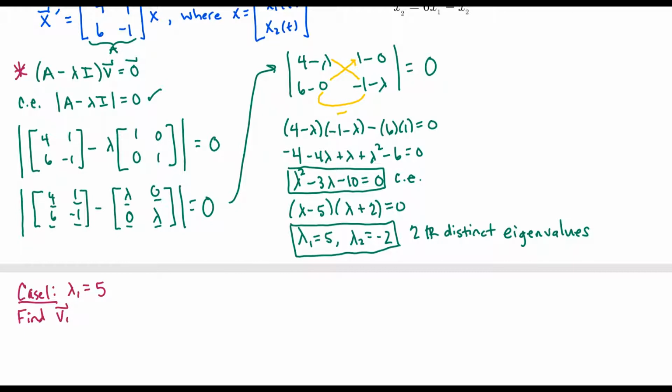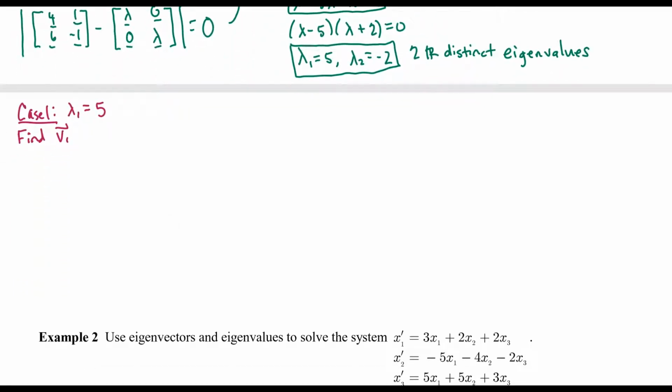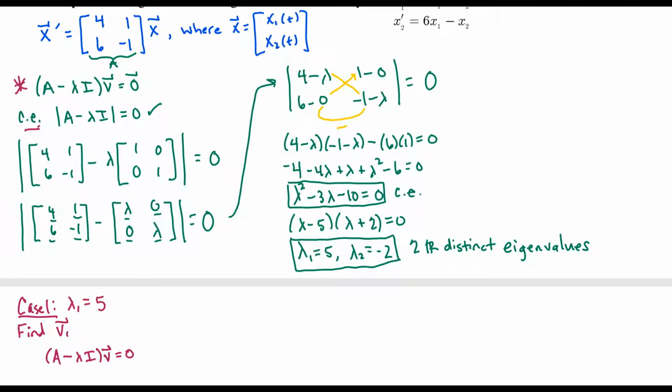I'm going to set this up: A minus lambda I times v equal to the 0 vector. So we need to set up A minus lambda I times v equals 0. We used the determinant of that coefficient matrix to figure out the eigenvalues. Now we're going to use the matrix equation to find the eigenvectors.